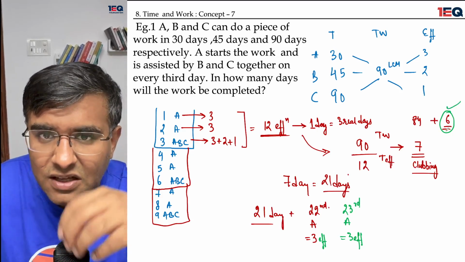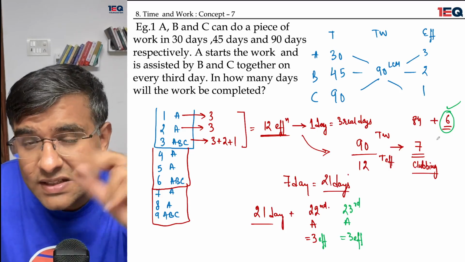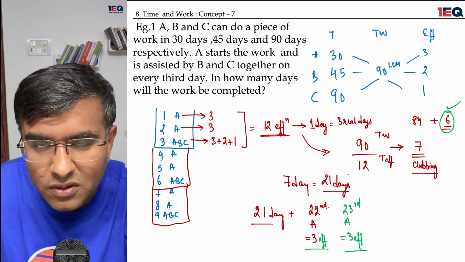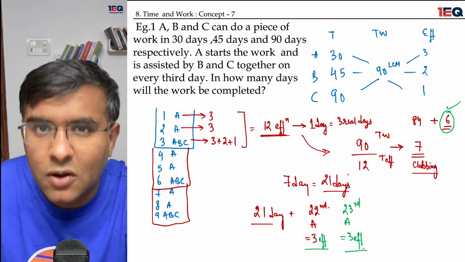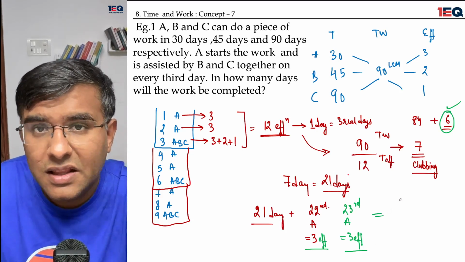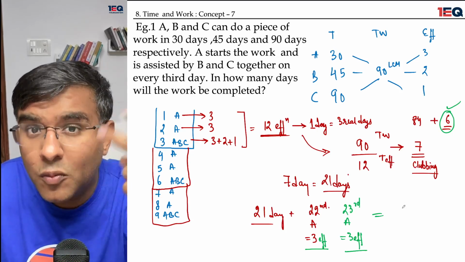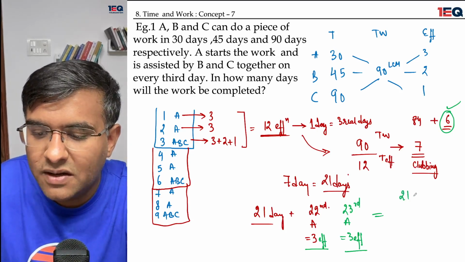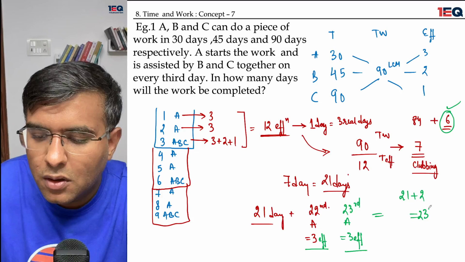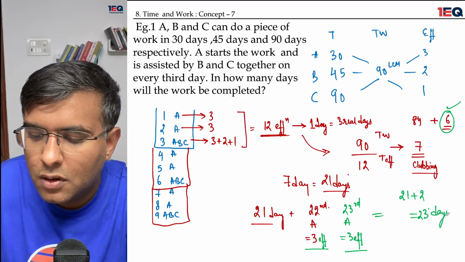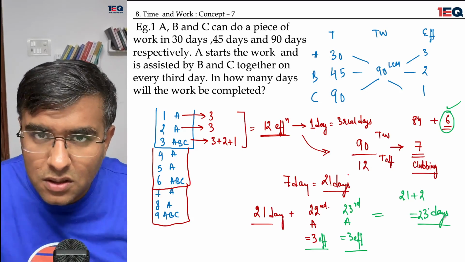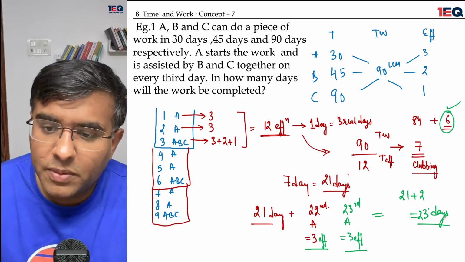It was gained in 2 days, by A working alone on the 22nd day and again on the 23rd day. So the entire work was completed in 2 more days. I already have 21 with me and I will add 2 to it. This means it took 23 days to complete the job. Sorted? Very well sorted.